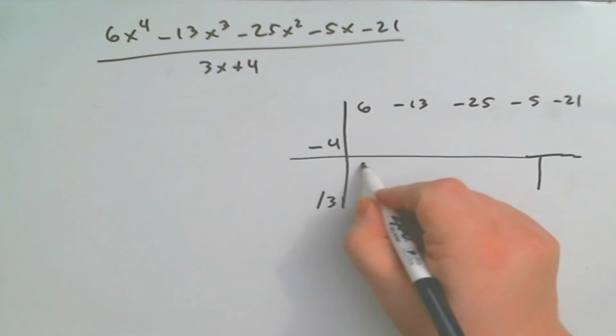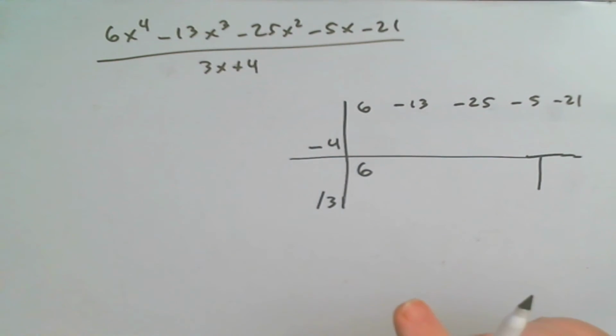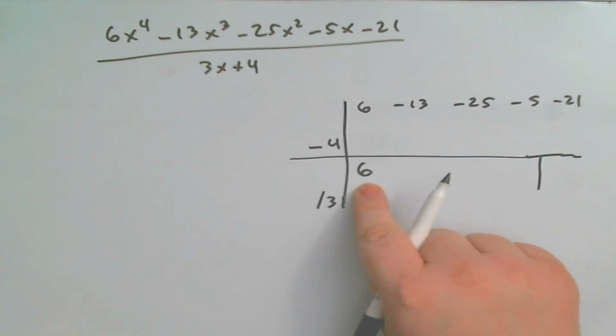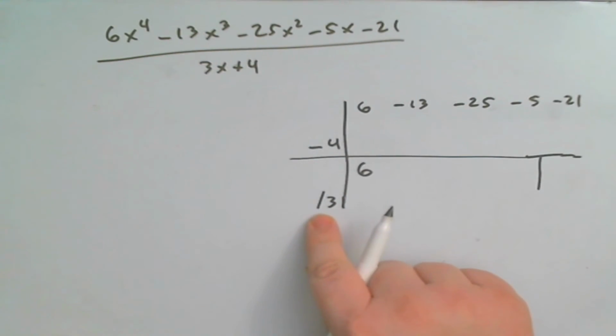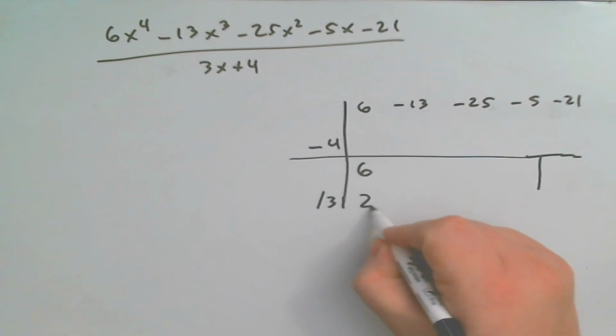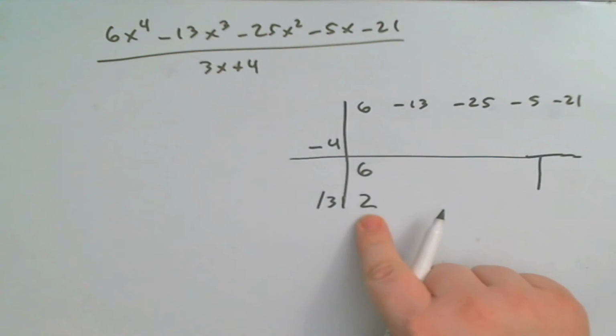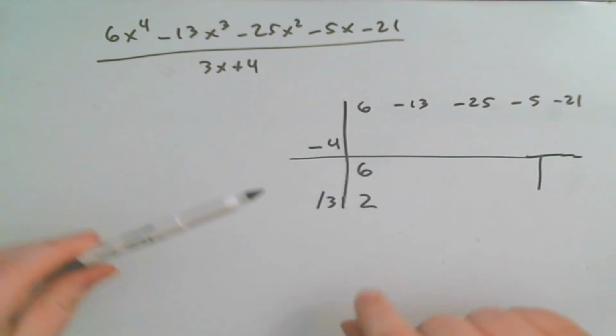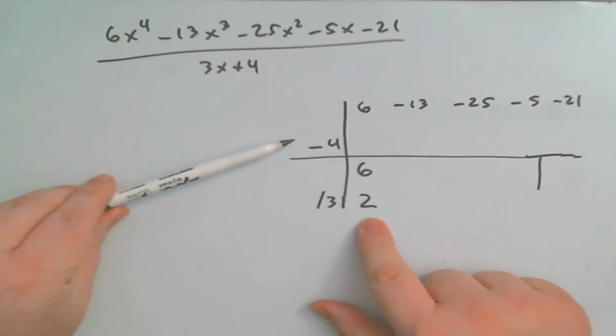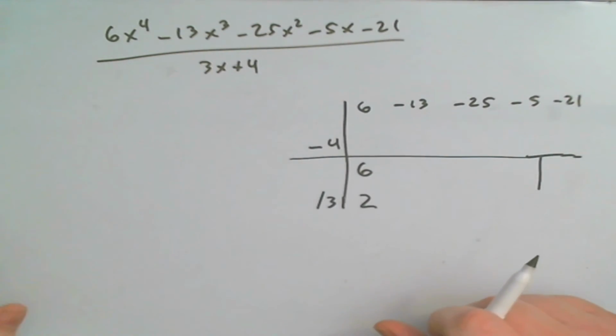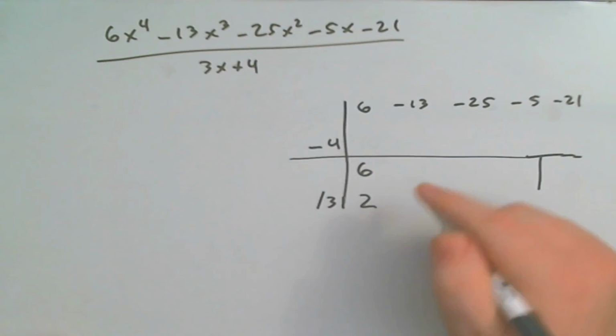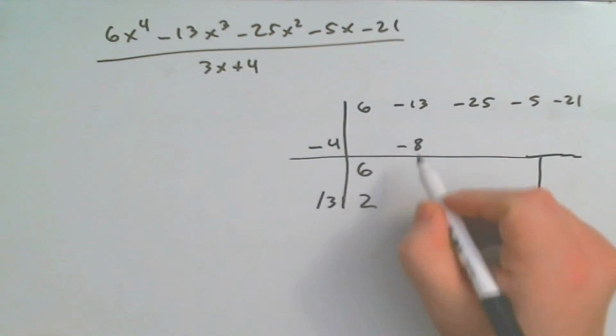Bring the 6 down. The difference here is whenever we bring down the number, we then divide by 3. So 6 divided by 3, I get 2. Now it's this number that I multiply by. So negative 4 times 2 is what goes in the next column, which gives me negative 8.